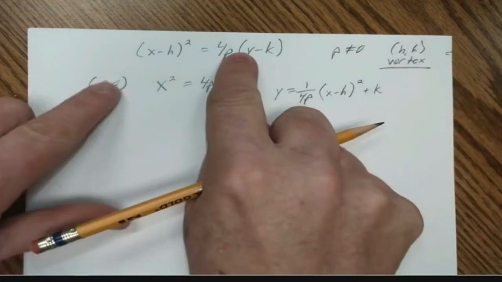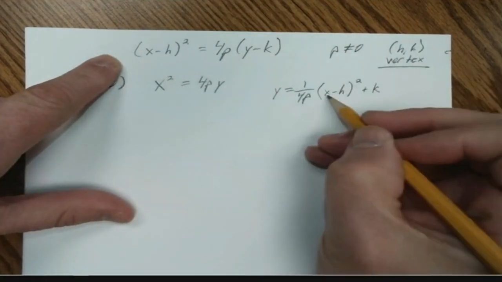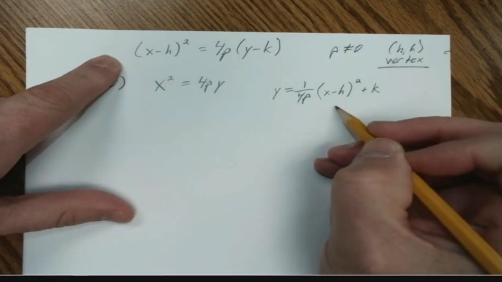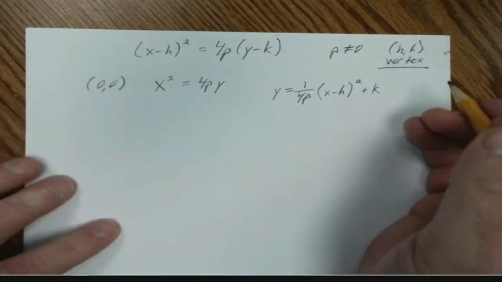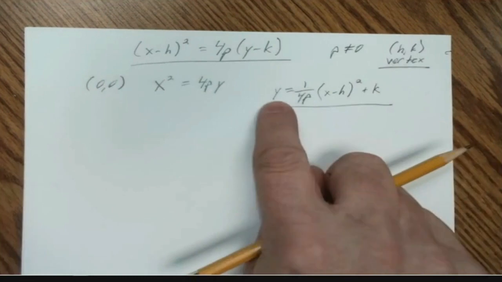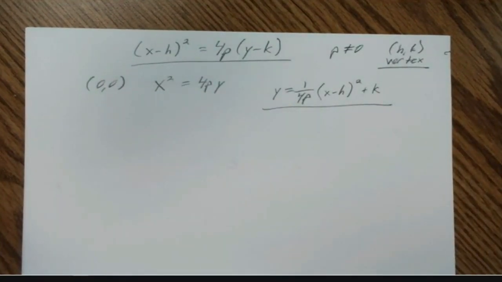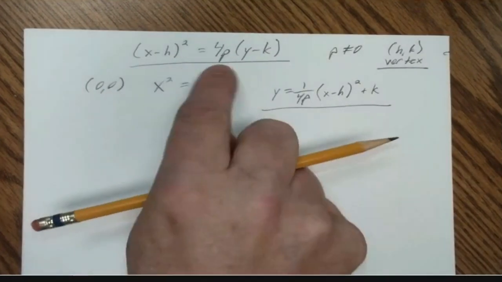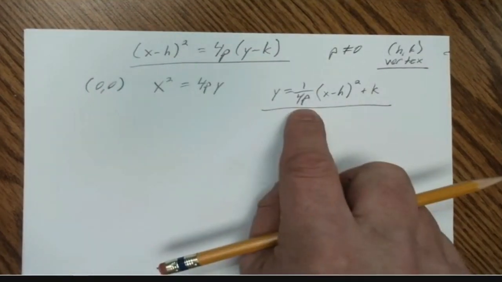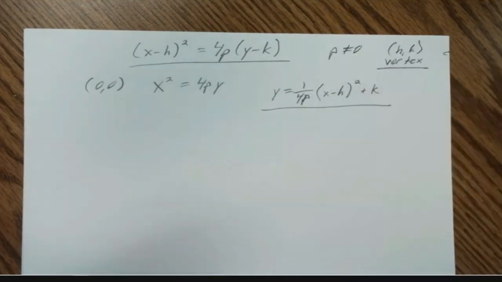You could also just put (x minus h) squared over 4p. That's the same thing as having it out front. This is the same equation as the other, just solved for y, because a lot of people like y equals in their equations. You can use either one when you're writing the equation of a parabola.